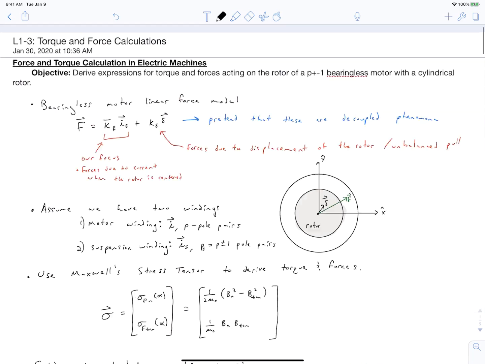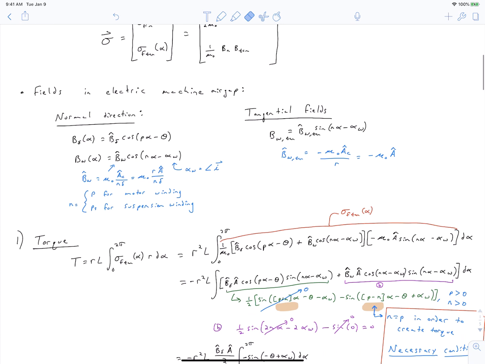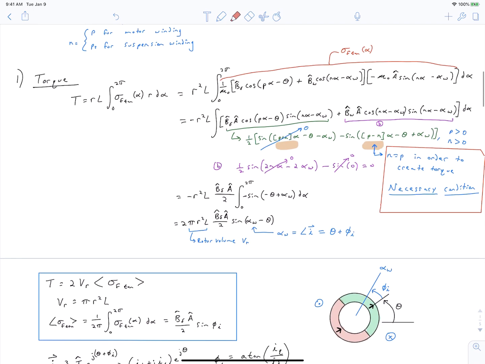In summary, we went back to our expressions for the fields in the air gap of our machine and our expression for the forces that act on the rotor in the form of the Maxwell stress tensor. And we used these to derive the torque first that acts on our rotor and produce the familiar machine scaling law.